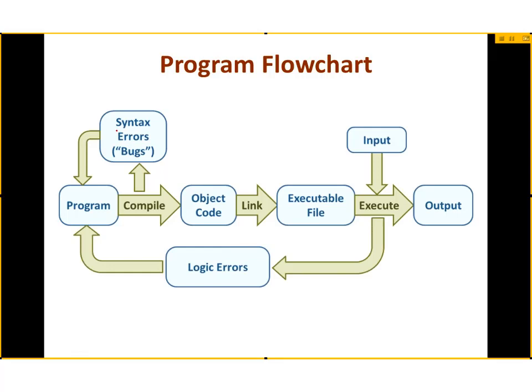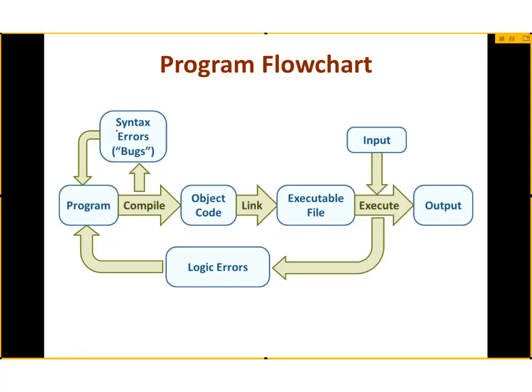But often, once again, during the stage of execution, it either may stop running due to some sort of error that's created during execution, or it may simply produce output that is not correct. In either case, this is due to what we often call logic errors. That is, we've used the right spelling and the right grammar in order to write our code, but because of the instructions that we gave, we did not get the result that we desired.